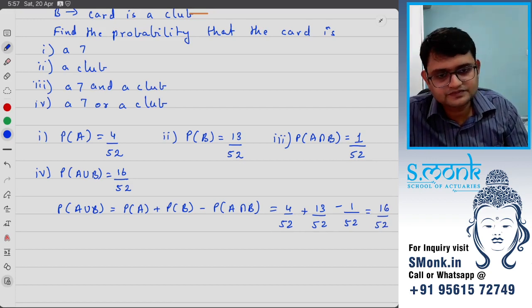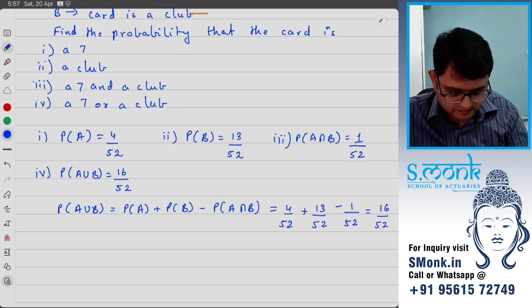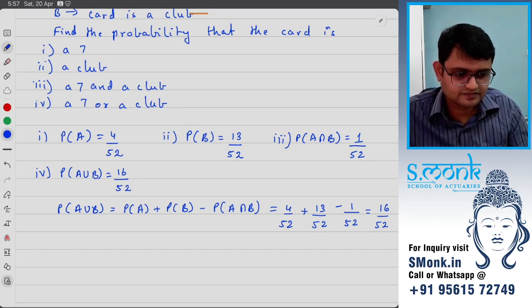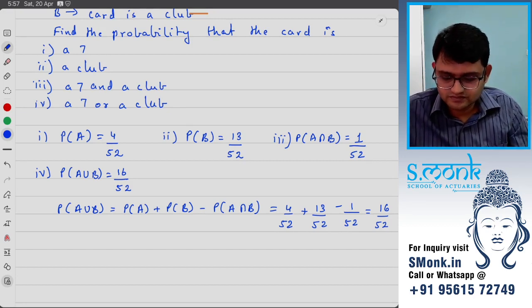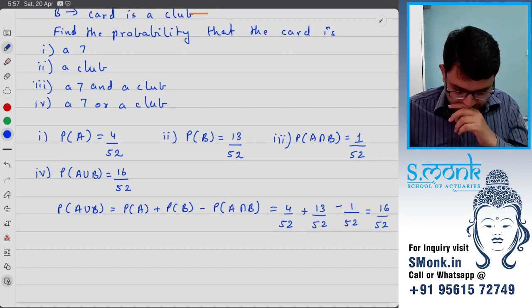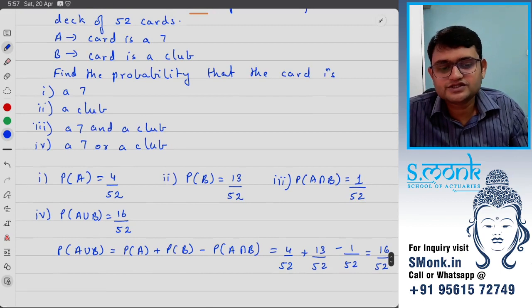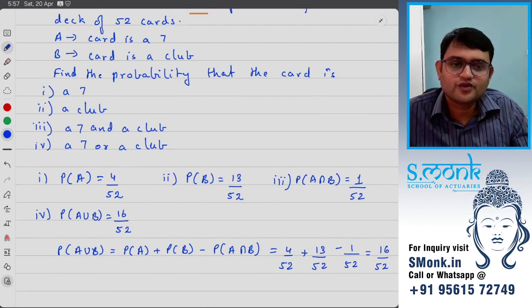Simple. So this is how we use the theory of sets to make the formulas of probability.